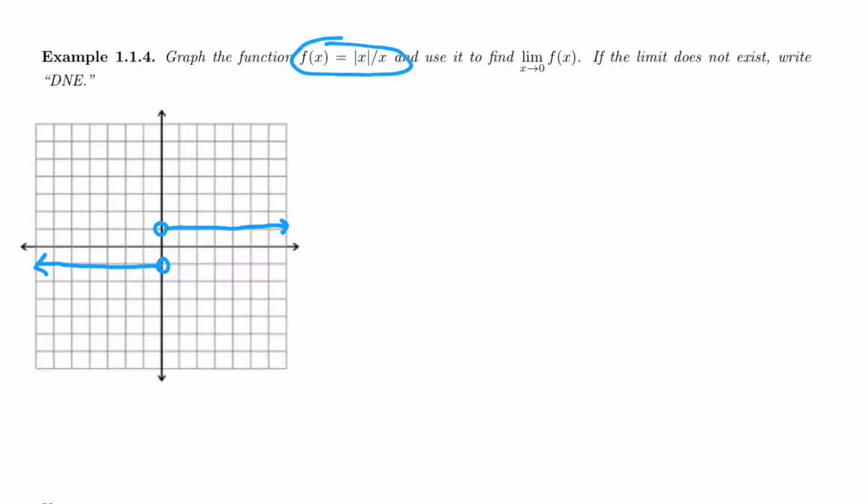And we want to find the limit as x approaches 0 of this function. We did this on the other page, but I want you to see what it looks like when you're looking at it this way.